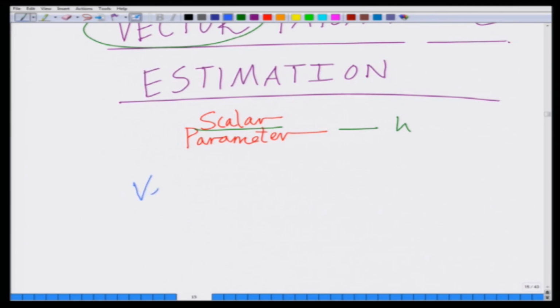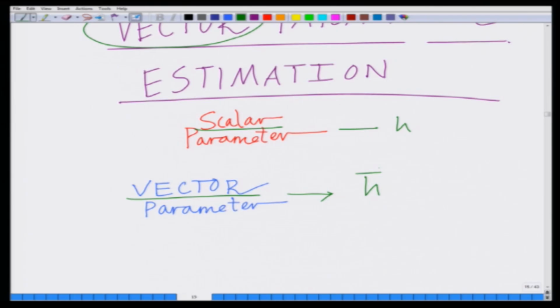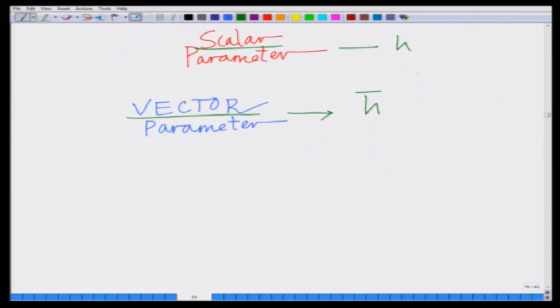and let me emphasize this is a vector parameter. Similar to the notation we use for vectors, we are going to denote this by vector h bar. This is the parameter vector h bar, and let us say it is an m dimensional vector h1, h2 up to hm, which is basically a stacking or a collection of m scalar parameters.